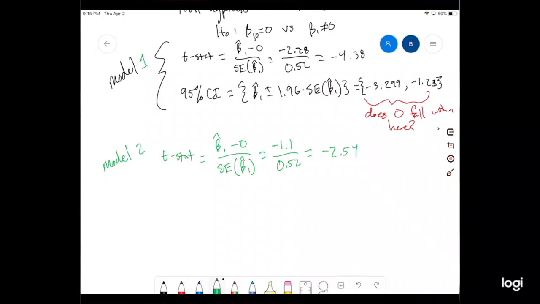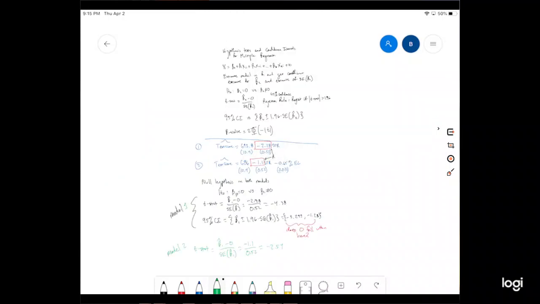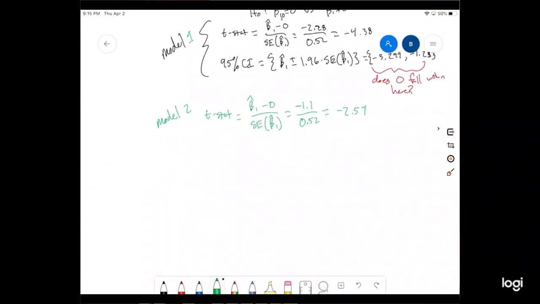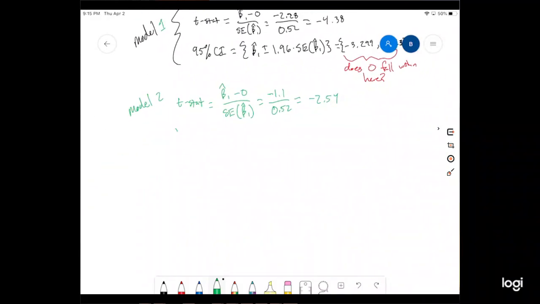So what's our confidence interval? Let me write that down. The 95% confidence interval is equal to beta hat 1 plus or minus 1.96 times the standard error of beta hat 1, which in this case is equal to negative 1.95 up to negative 0.26.